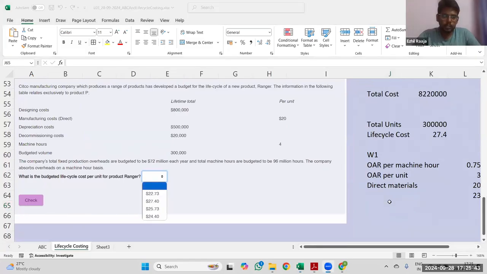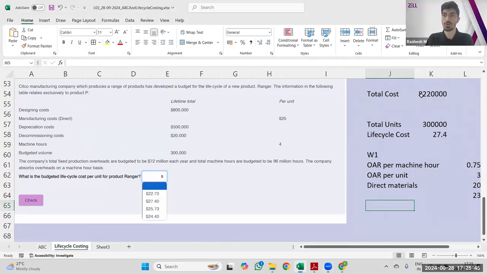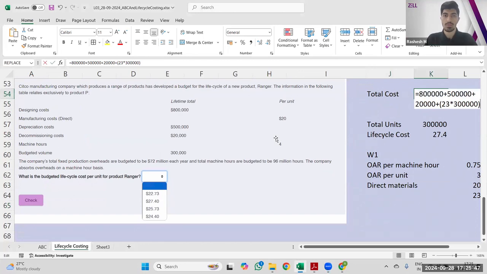Can you explain the total cost of it? Total cost? Yes, sir. That's just an addition of all your costs: 800,000 designing, 500,000 depreciation, 20,000 decommissioning, and $20 plus $3 of OAR, so $23 into 300,000 units.